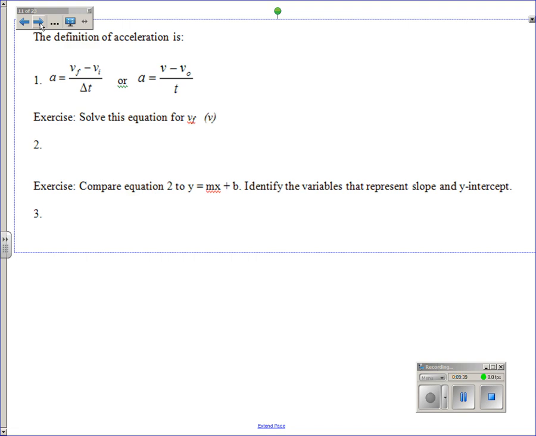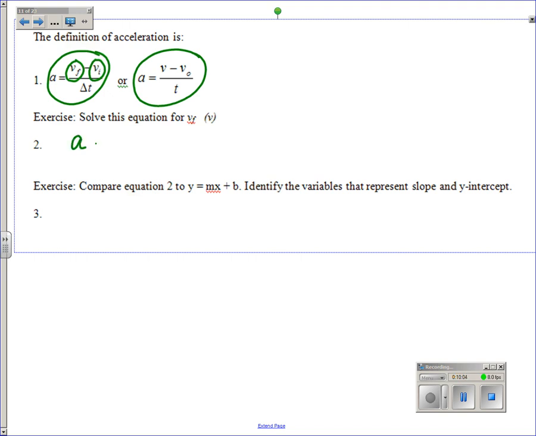So in equation 1 here, I have the definition of acceleration written in both forms. Again, I've got Vf meaning final, or just a plain V sometimes means final. V sub I meaning initial. V sub naught also can represent initial velocity. Exercise 1 is to solve this equation for v sub f.